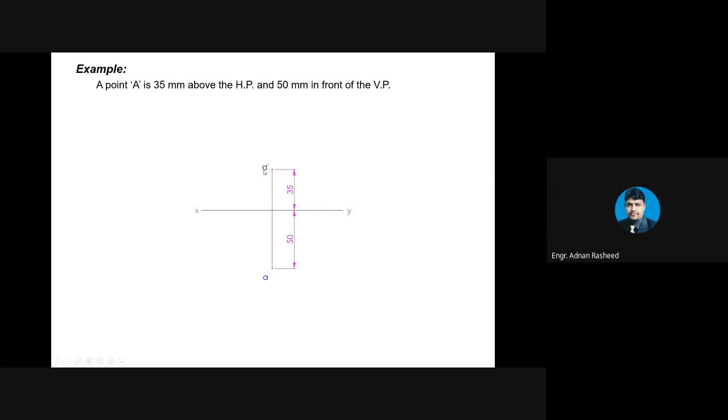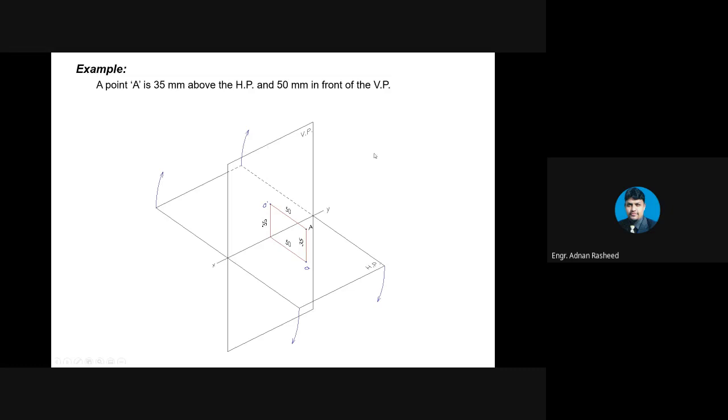Now again on the same line, this point is 50 millimeter away from the vertical plane. The point is in the first quadrant, so its frontal view will be above the XY line and its top view will be below the XY line. How much below? It will be 50 millimeter because it is 50 millimeter away from the vertical plane.